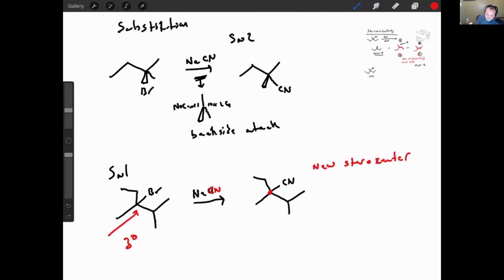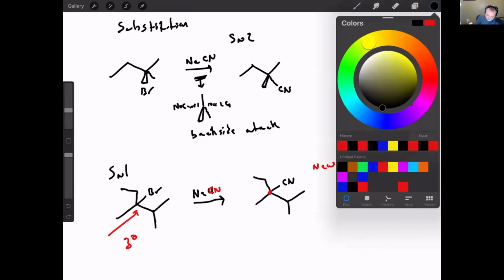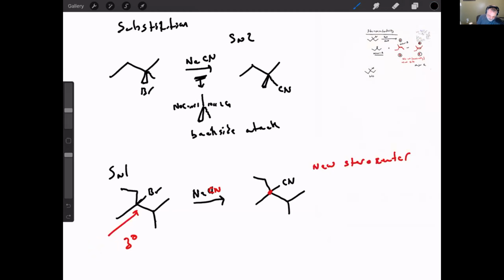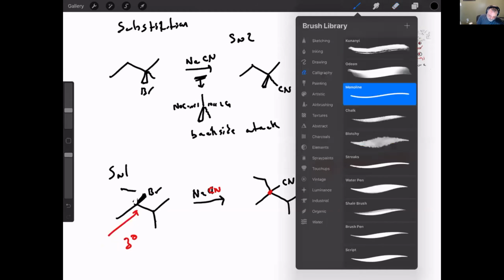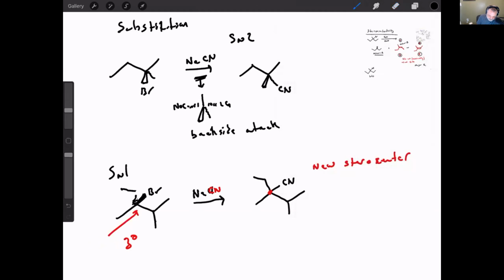Let's make this a wedge, which means this has to be dashes. This is unspecified here.